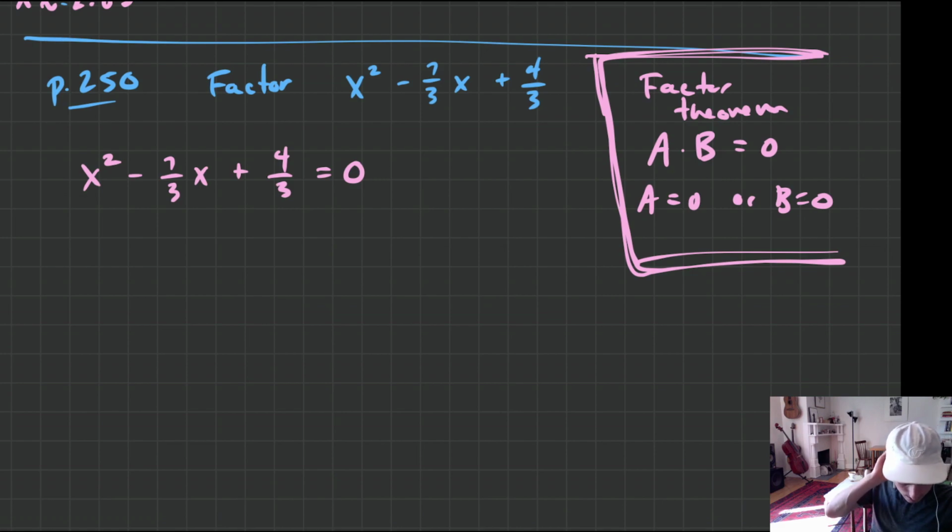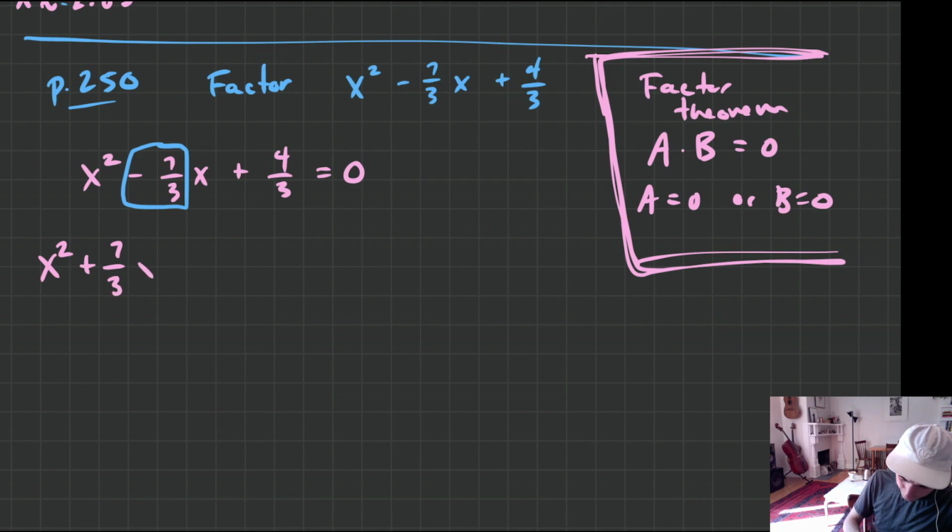I'm going to think of this middle term right here, cut that in half and then square it. So I'm left with x squared minus 7/3 of x, and then I'm going to have negative 7/3 times a half, squared.